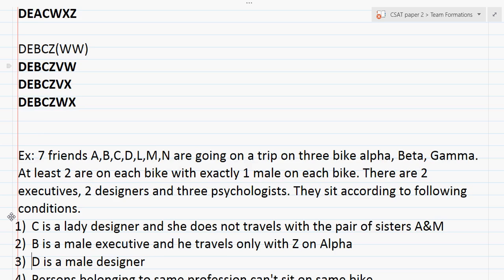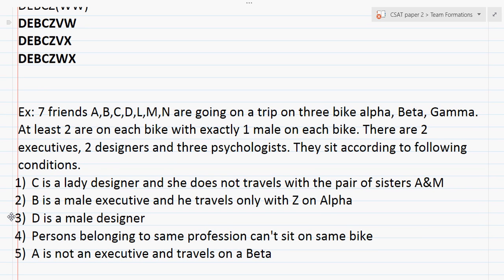So in the next question, this is a combination of what we have studied till now. We have studied blood relationships, the male female thing, and the professions in past questions. So this is a potpourri of all this, where you have to solve the questions according to the situations given. I'll read the question and give you around 5 minutes to solve this so that we can discuss it later.